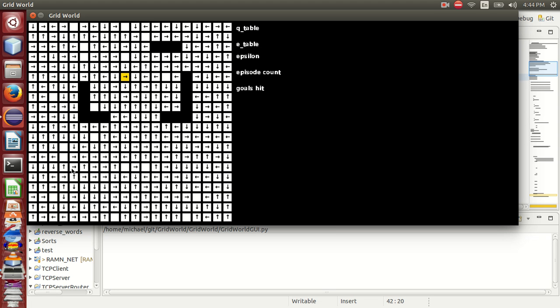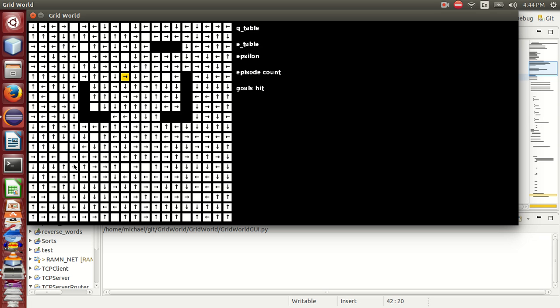But while it's training, I'll talk about the Q table and E table labels on the right side of the grid world. The Q table label will show the state action values for the cell. It's a list with the 0 position representing the north state action, and then going in a clockwise direction, 1 would be east, 2 south, 3 west.